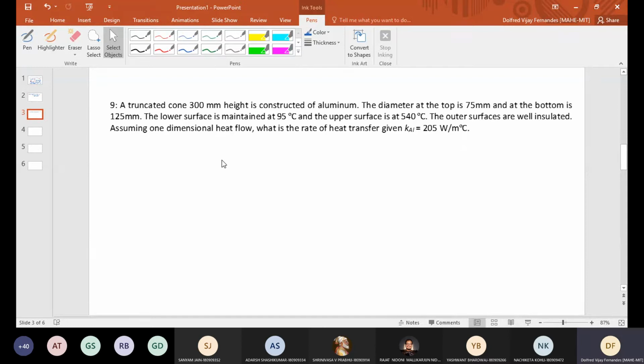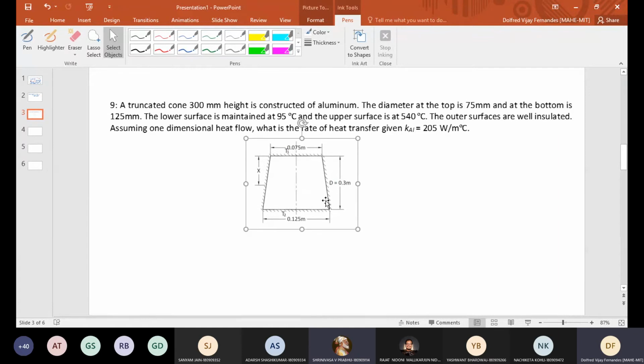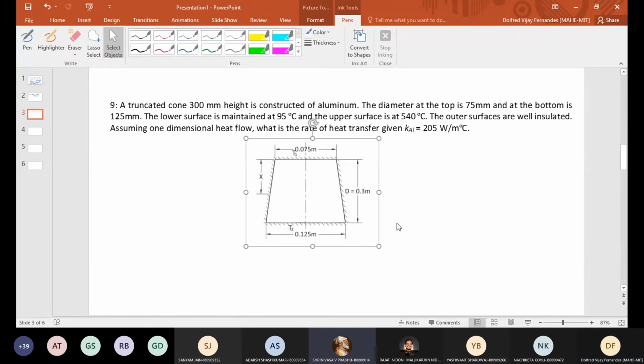So what we have is a truncated cone. I think we could assume this as an elliptical cross section. Any cross section can be asked. Elliptical cross section or the cross section can be a square. The problem can be changed, but here it is a cone.